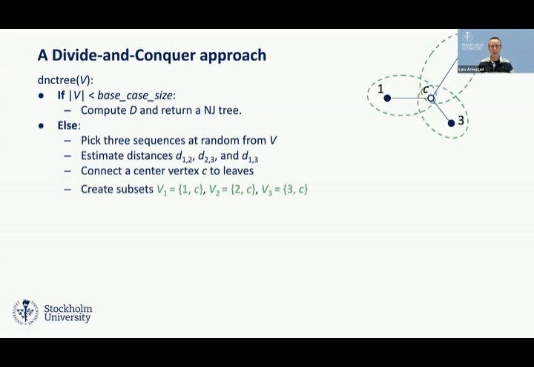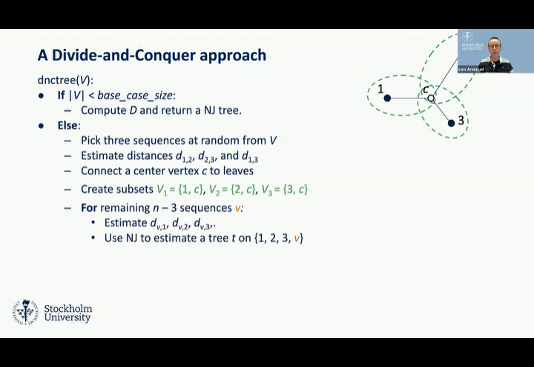Because these sub-problems are going to be used recursively. And what we do with all the others, except for these 3 input vertices and the center vertex, is to just go through them and figure out in which sub-problem the sequence belongs.